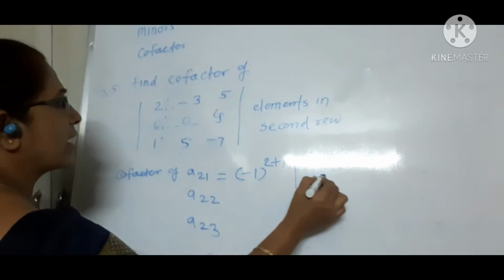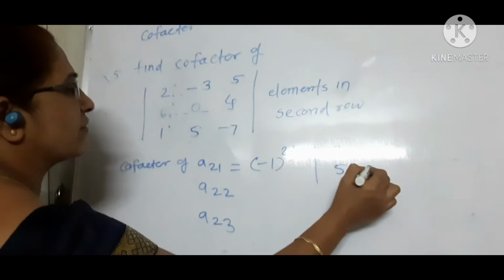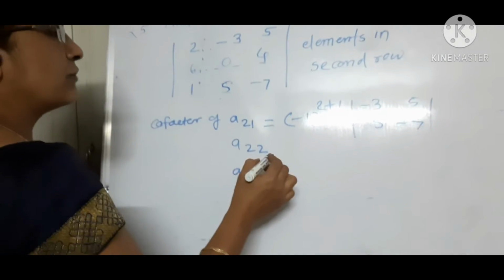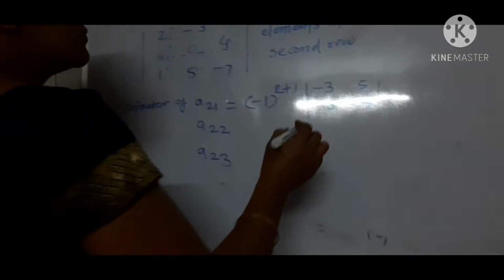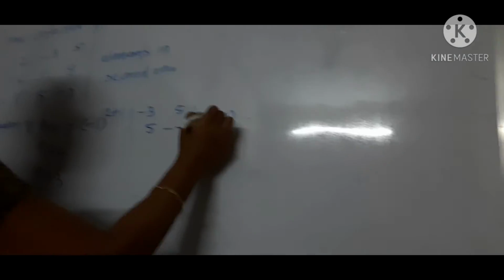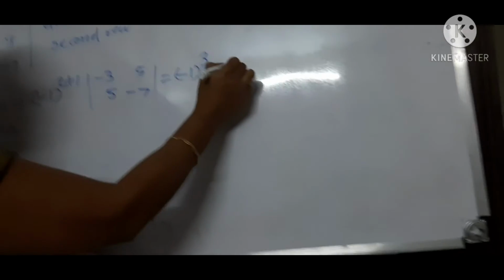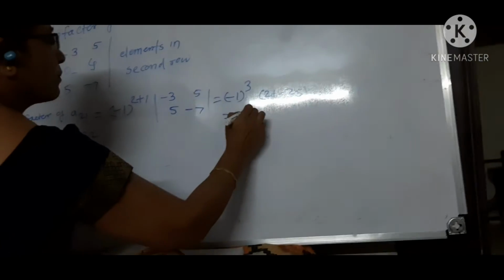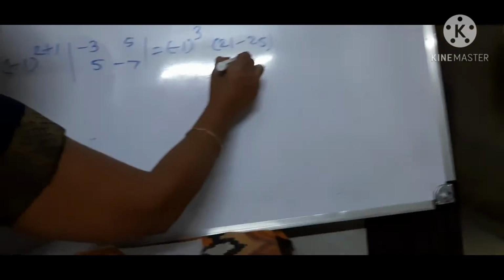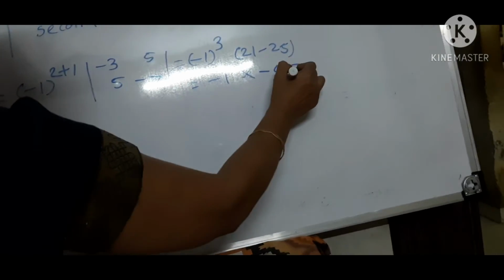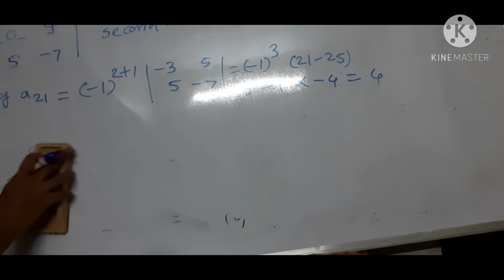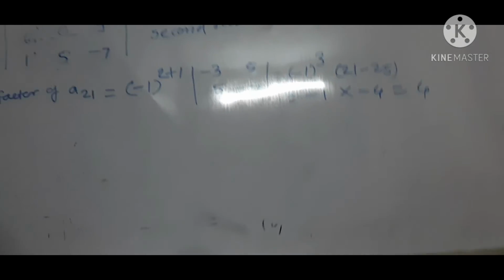Minus 3, 5, 5, minus 7. So this is equal to minus 1 cube times (21 minus 25), which is minus 1 cube into minus 4, which is equal to 4. So cofactor of A21 is equal to 4.